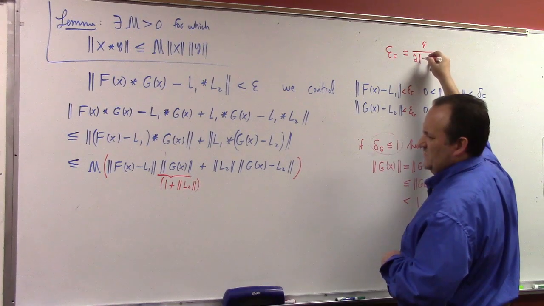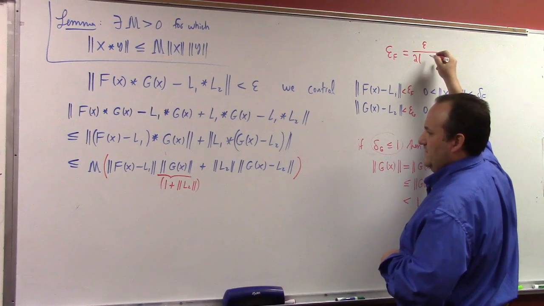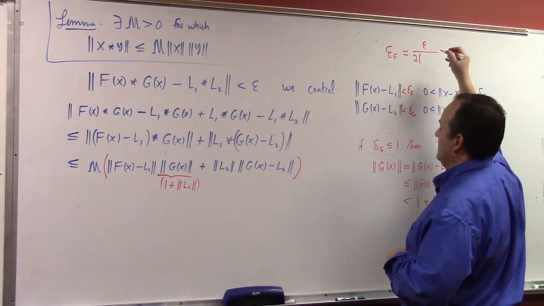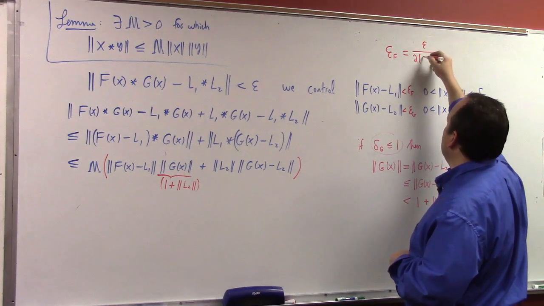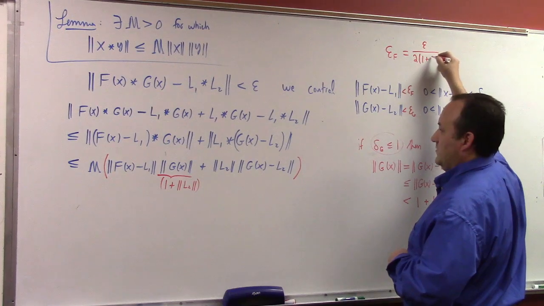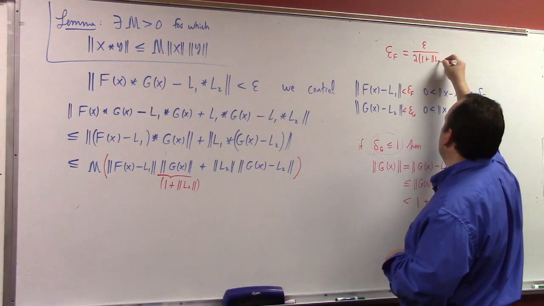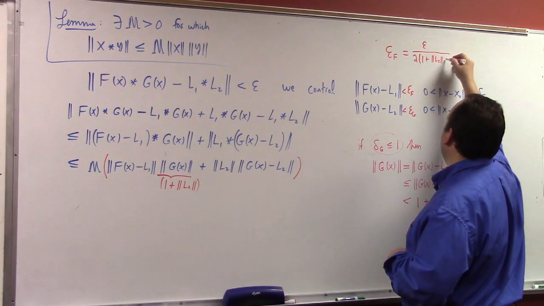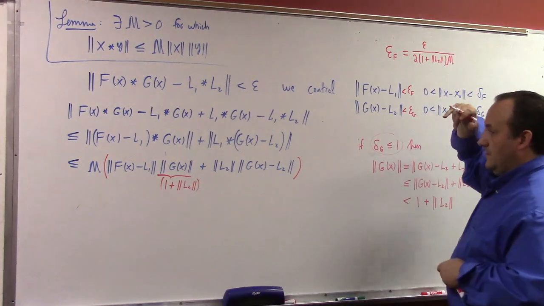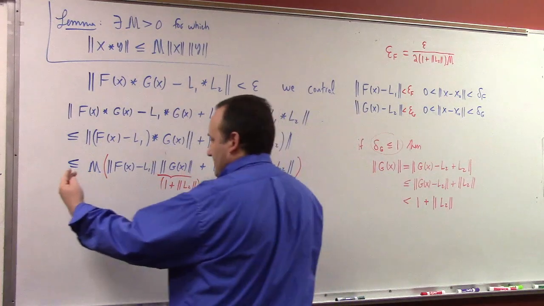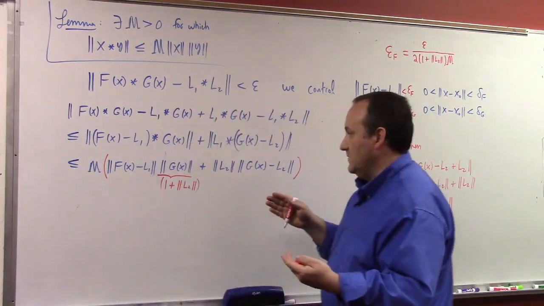Seems too simple. I feel like I'm forgetting something here. But anyway, epsilon over 2 times 1 plus the norm of L2, times big M. So that will make all of this collapse to epsilon over 2.